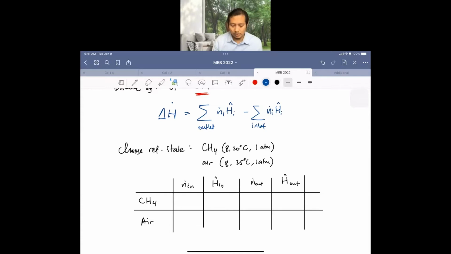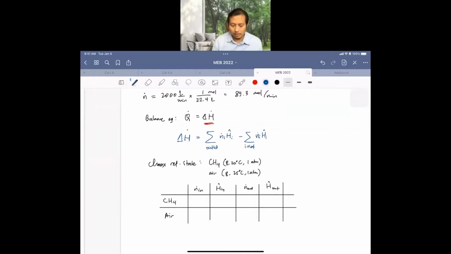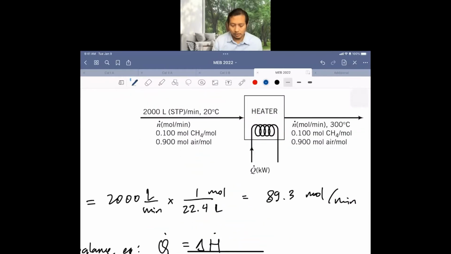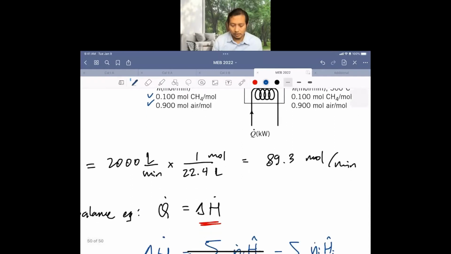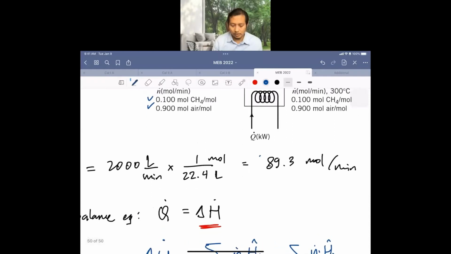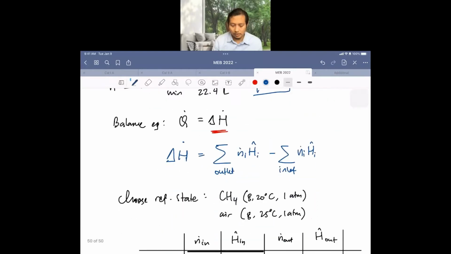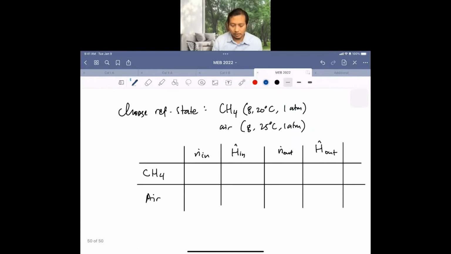Okay. Now we could just put all the values into the table. Based on the percentage, the total mole per minute is divided into these percentages. So we could write here, this is 8.93, this is 80.4.